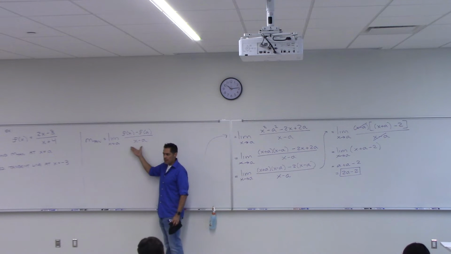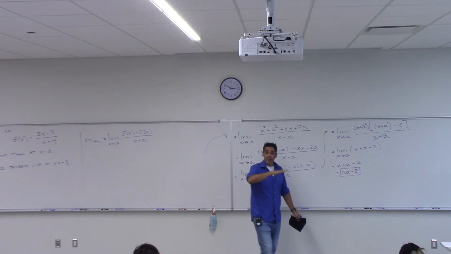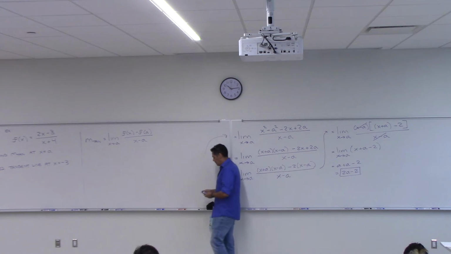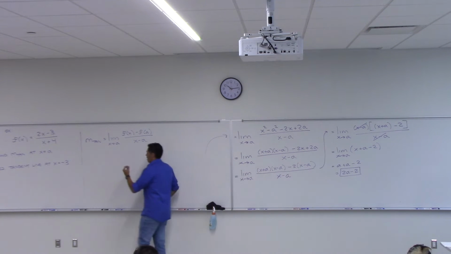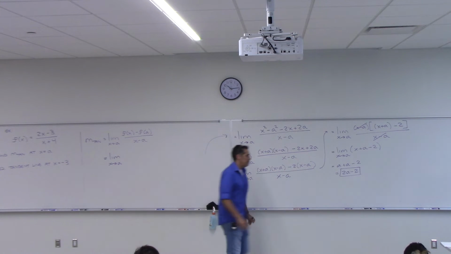Because it allows you to get a formula for the slope of the tangent line for any function, so long as you can calculate the limit. All right, at this point, we just replace things. Limit as x approaches a. What does the top left become?